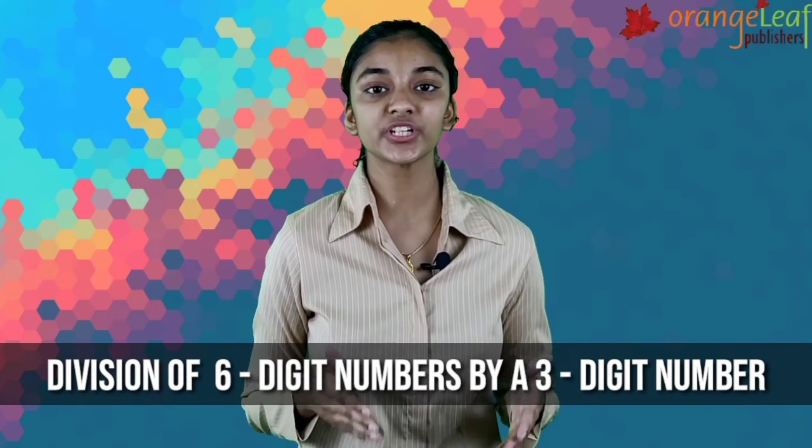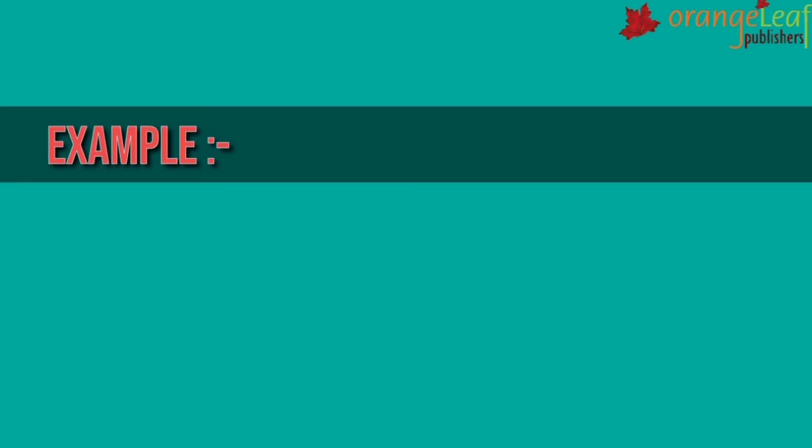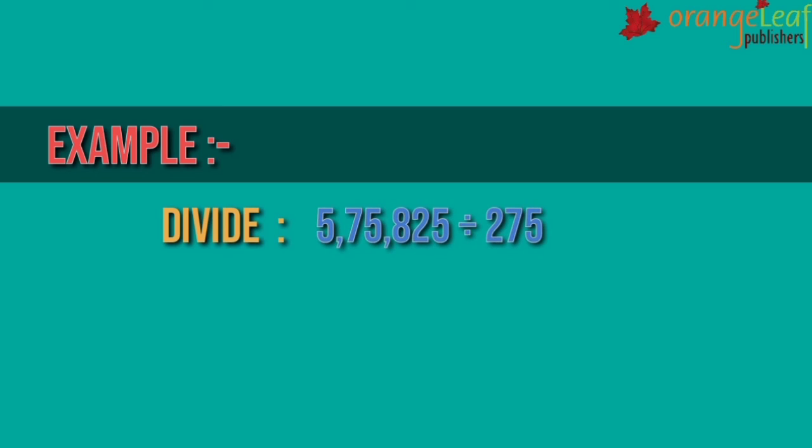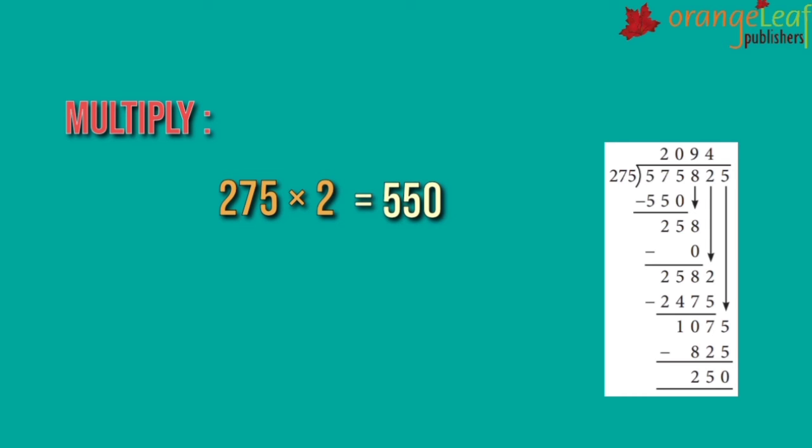Division of 6-digit numbers by a 3-digit number. Let us take an example. Divide 5,75,825 by 275. We are going to follow the steps as we followed in the previous answer. First, multiply 275 into 2, which gives us 550. Now get 0 down.